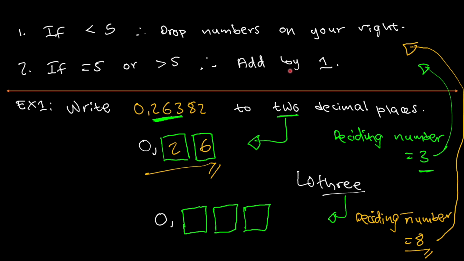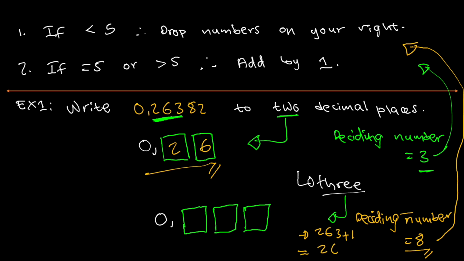Then what do we do? We add 1. What do we add? We add 1 to the underlined numbers, right? So I'm going to put the underlined numbers here, which are 2, 6, 3. And I'm going to add 1. And then what do I get?